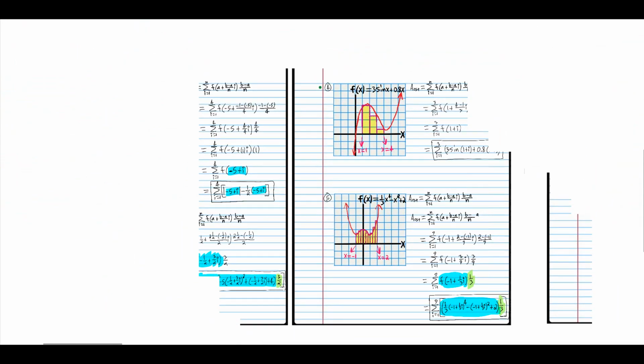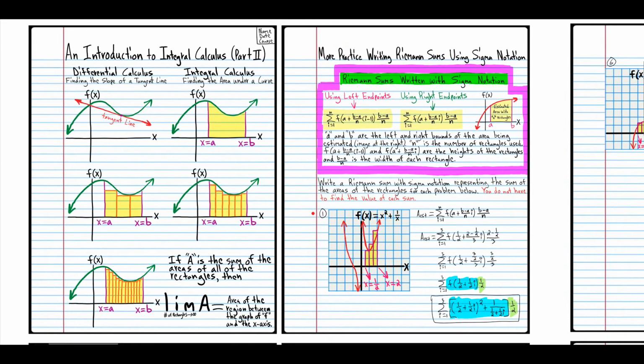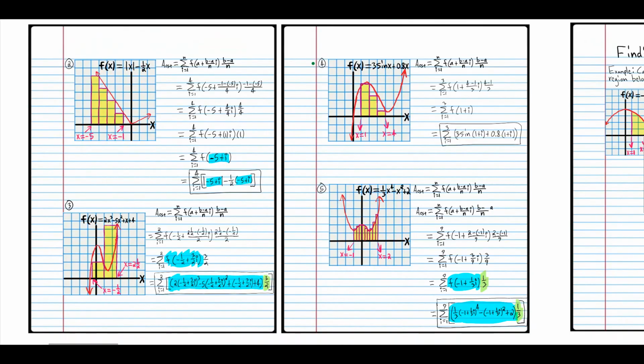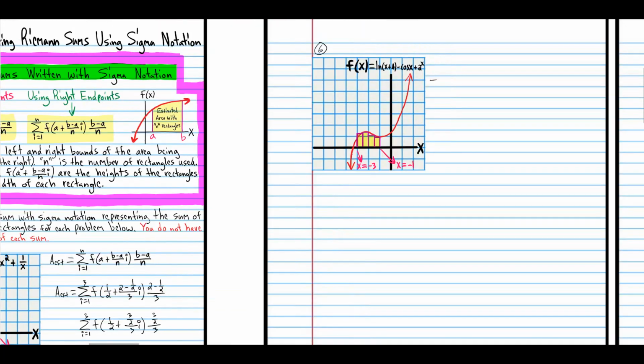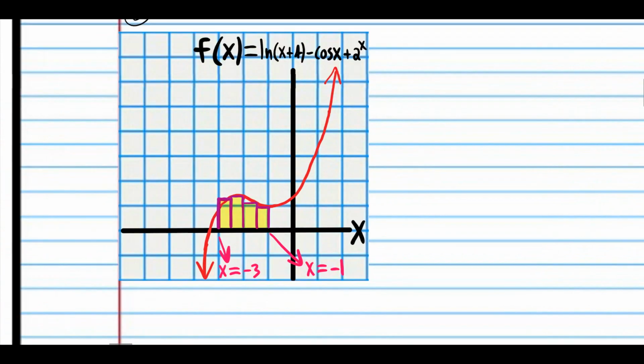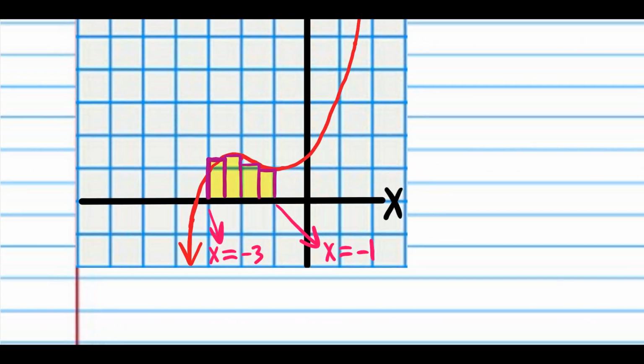Okay, so I'm going to give you one more chance to take a picture of problem number 1 in this information. And you can take a picture of all this information. And I want you to try problem number 6. Now again, notice that the upper right corners of the rectangles are touching the graph.